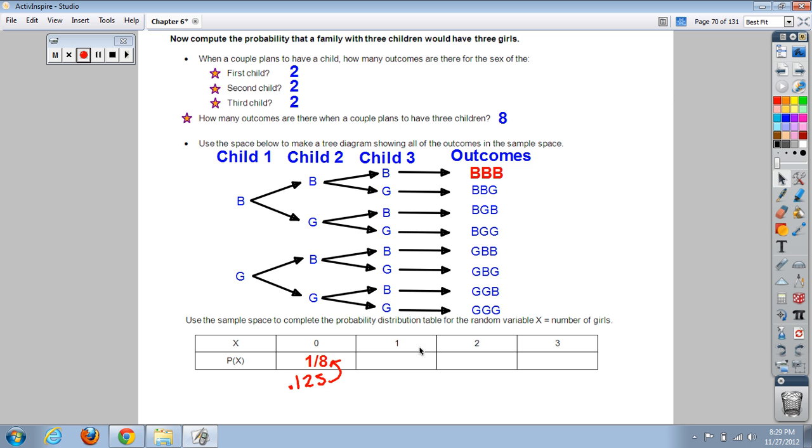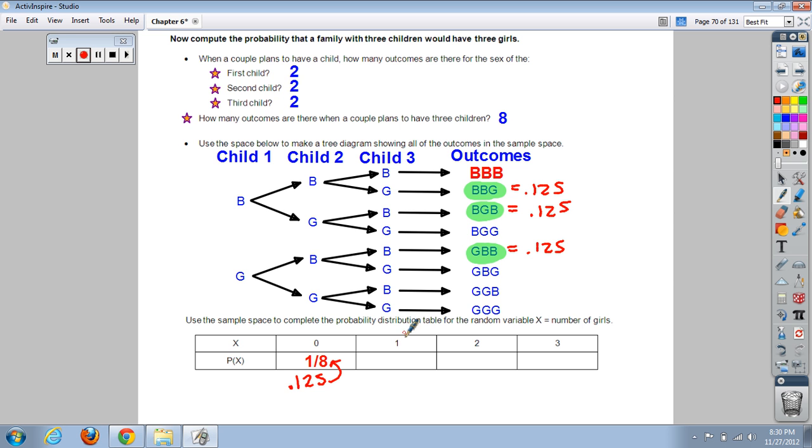Now, having one girl, well, how many different ways out of our 8 were there of having one girl? Well, here's 1, here's 2, and here's 3. It's whether the girl is the youngest, the middle, or the oldest child. Okay? And each one of these has a probability of 0.125, our 1/8.